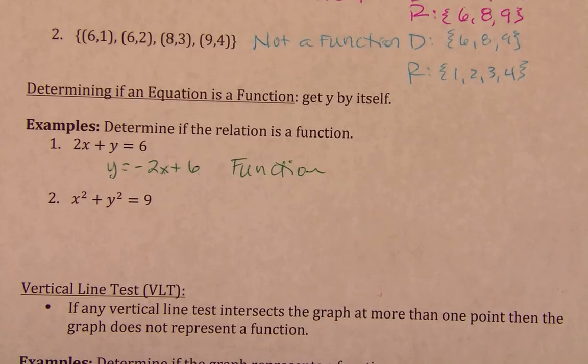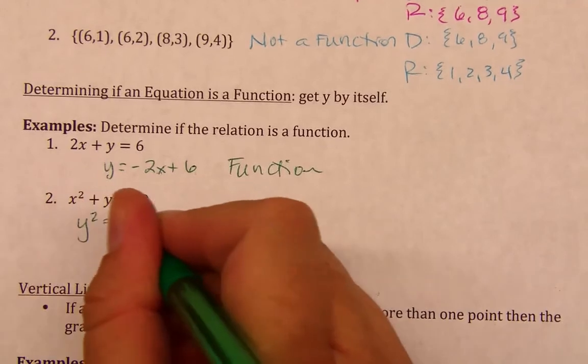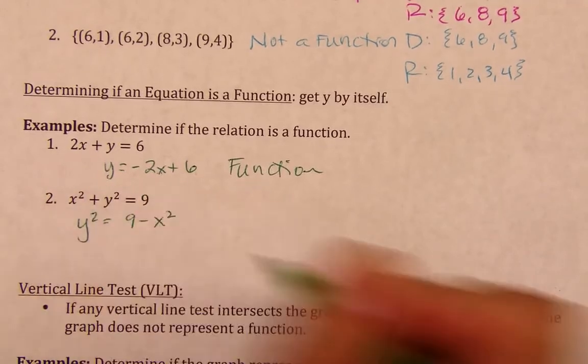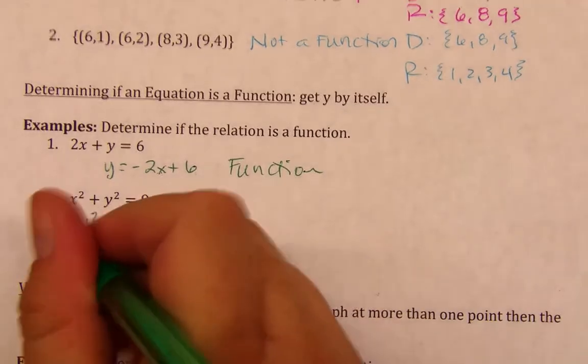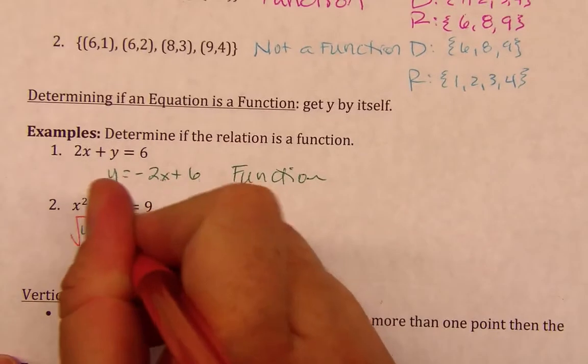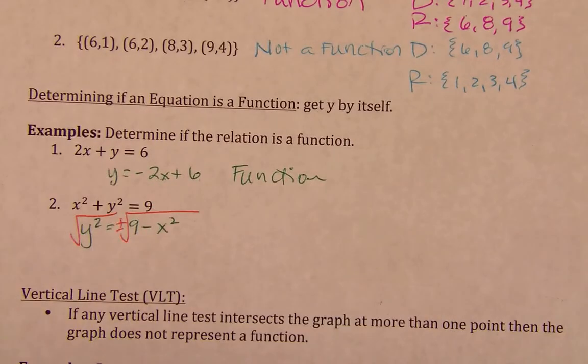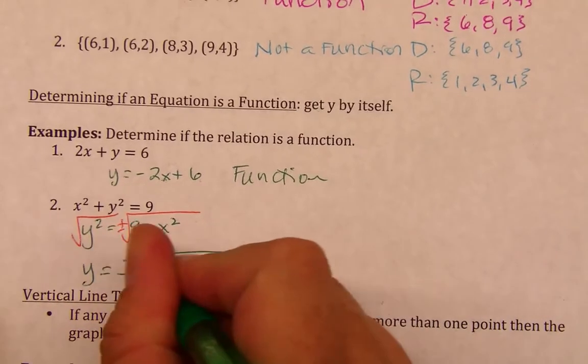We want to get y by itself, so I would subtract x squared to the other side. And y is still not by itself. I want to square root that. And when we take the square root of both sides, we need to put plus or minus here. And that's my first hint or instinct that maybe this is not a function.